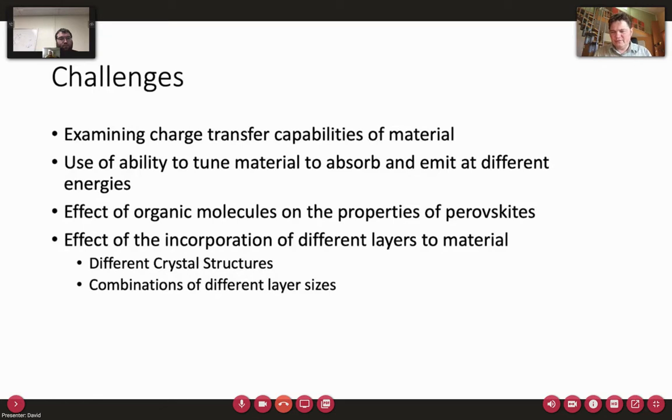I would try to formulate it as: would the length of the organic cation speed up or slow down relaxation or change the dielectric constant? So formulate some challenges in a little bit more specific way, as a question that can be answered in a short way.